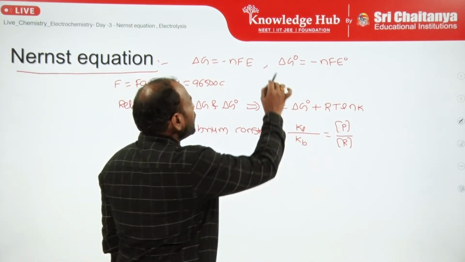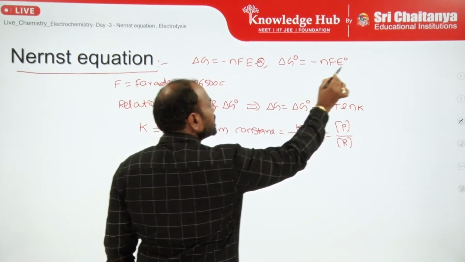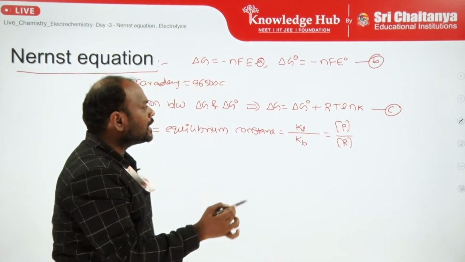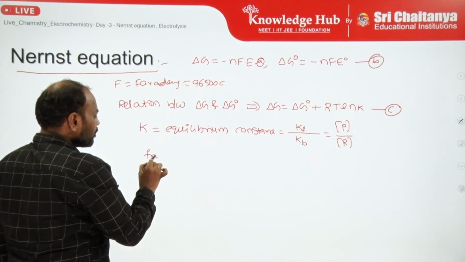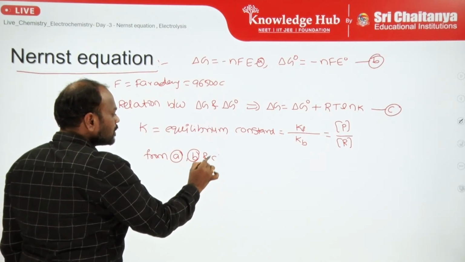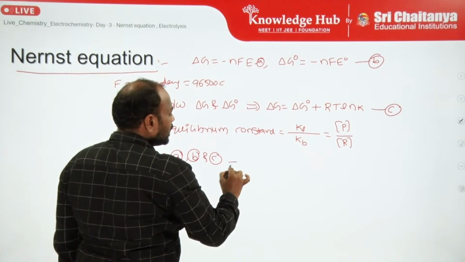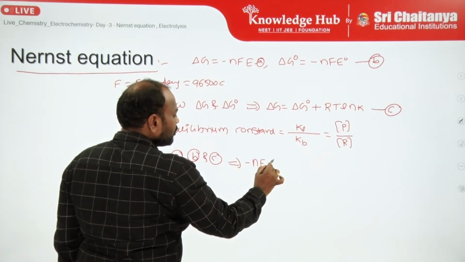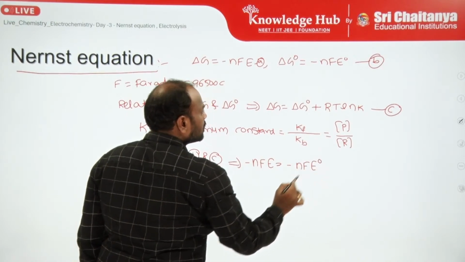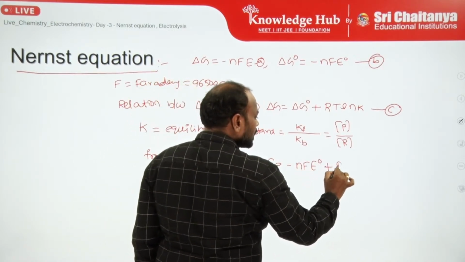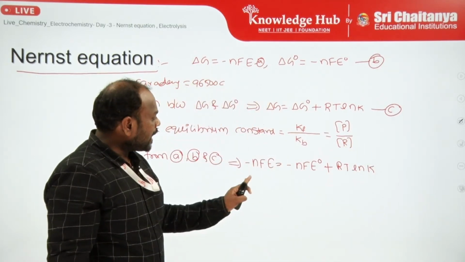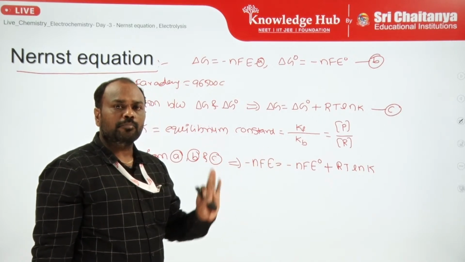Now here this is equation A, this is equation B, and this is equation C. From equations A, B and C, substitute the values. What do we get here? Minus NFE is equal to minus NF E naught plus RT ln K. Minus NF is common on the left side and the right side.